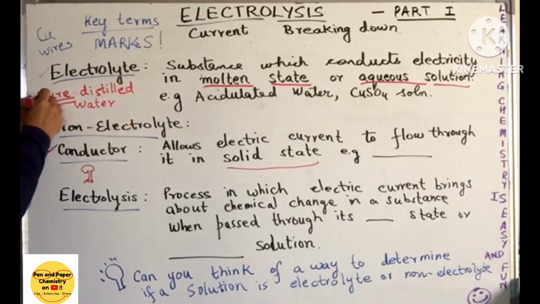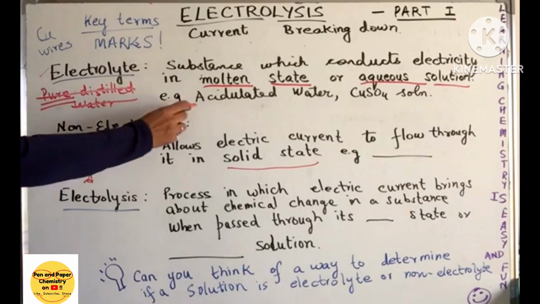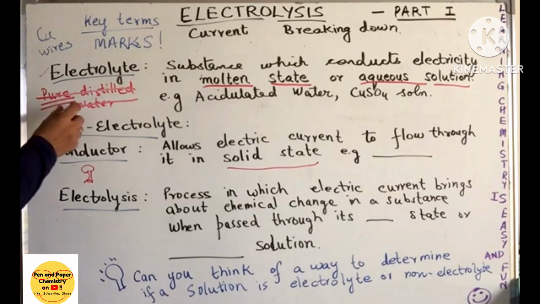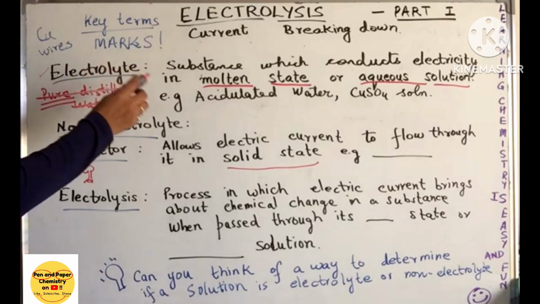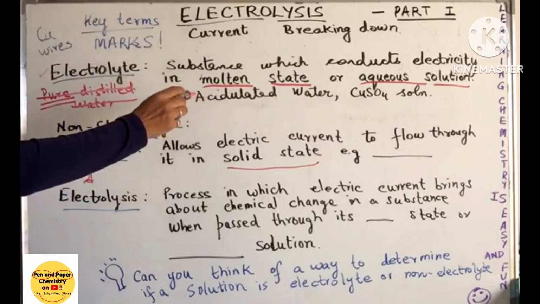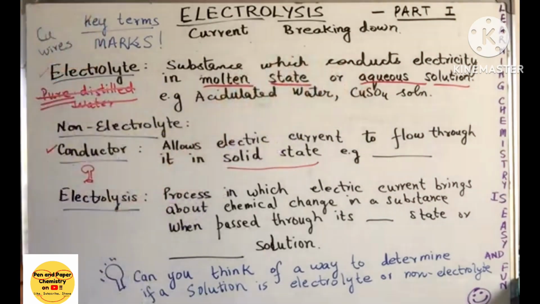Pure distilled water, no current passes through it. So, it is not an electrolyte. But as soon as you add a few drops of acid or alkali to it, immediately it starts conducting electricity. Hence it is an electrolyte. So the key terms over here are the molten state or aqueous solution.